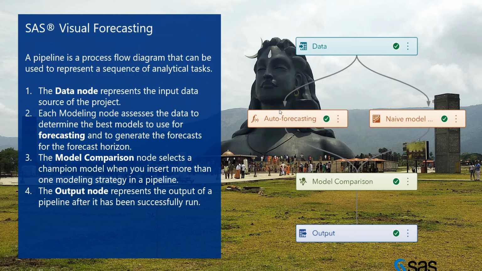Because I selected the auto forecasting and naive model, they will be put into the model comparison, then they go for the output. The output node represents the output of the pipeline after it has been successfully run.